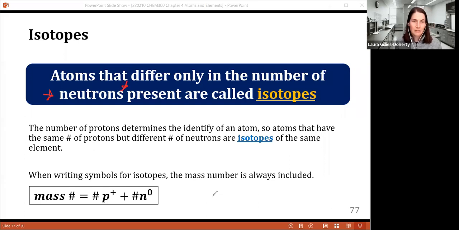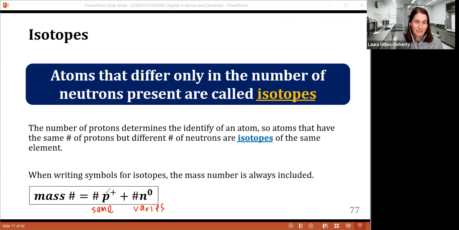The chemical symbol that includes some reference to the number of neutrons is the chemical symbol that includes the mass number, because as shown down here, the mass number is the number of protons plus the number of neutrons. So for isotopes of the same element, the number of protons is always the same because it's the same element, but the number of neutrons is what varies.